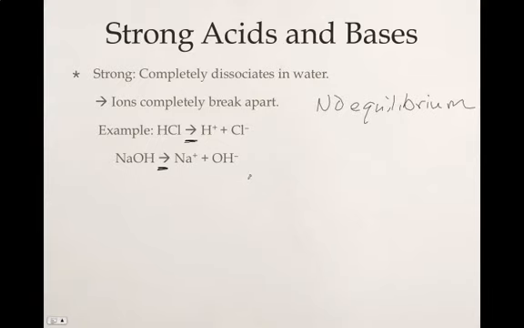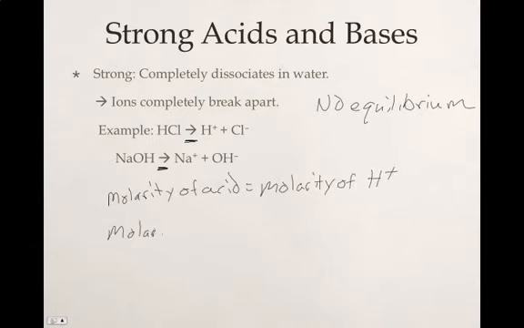Now, when we're dealing with strong acids and bases, finding the pH of these is really simple, and that's what we talked about in our pH and pOH notes, where the molarity of the acid is equal to the molarity of the H plus ions, and the molarity of the base times the number of OHs is equal to the molarity of the OHs.